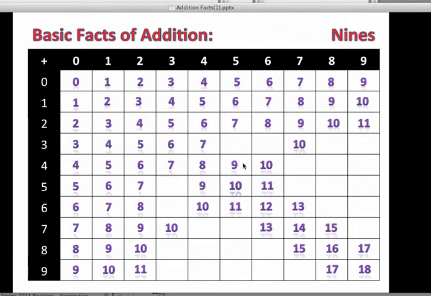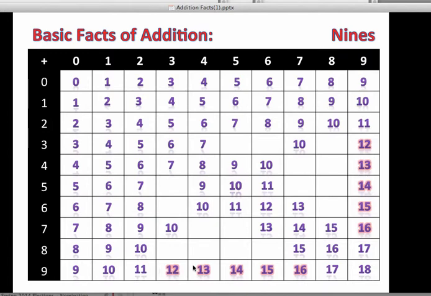Nines. Think about your basic facts when you have to memorize adding two numbers together. Nines are pretty easy. We can base it on, it's just a little bit less than adding 10. So 9 plus 3 is just 1 less than 10 plus 3.